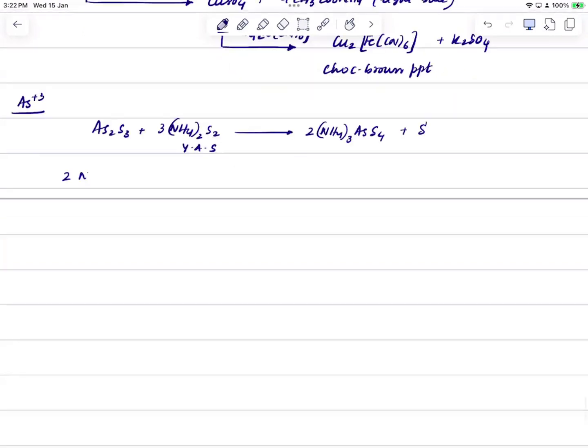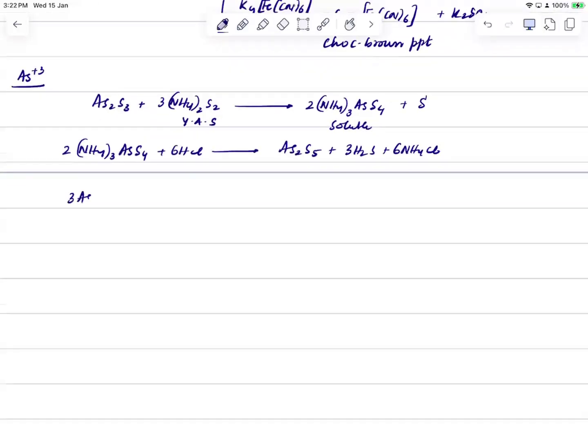And these 2 moles of (NH4)3AsS4, which is a soluble form here, plus 6 moles of HCl will give us As2S5 plus 3 moles of H2S plus 6 moles of ammonium chloride.